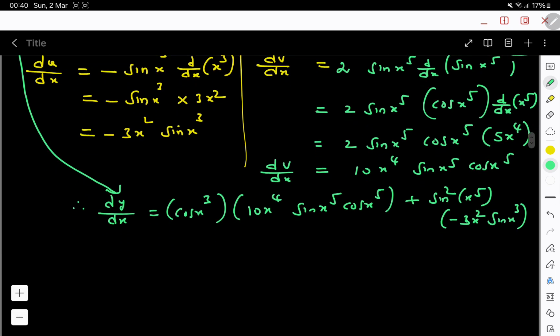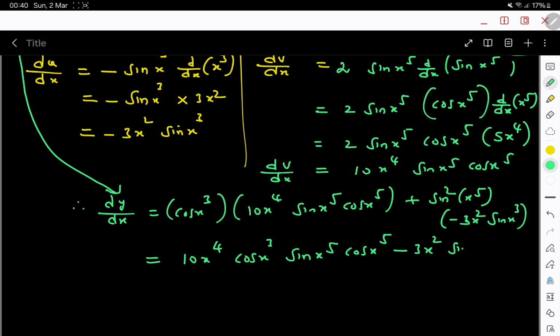Okay, so we multiply 10x power 4 cos x cube, so minus 3x square into sin x cube. That's all. This is the value of dy by dx. Okay.